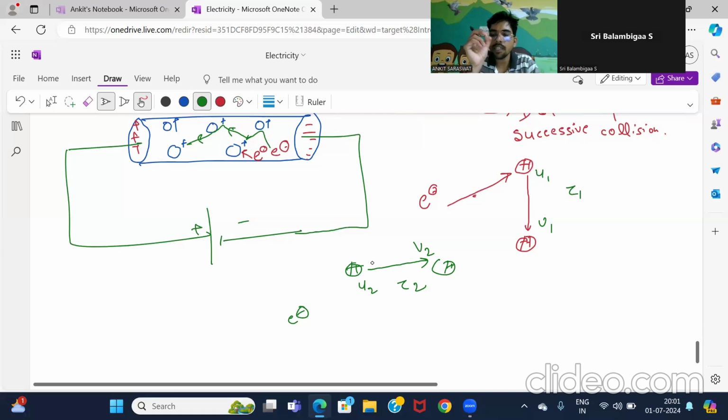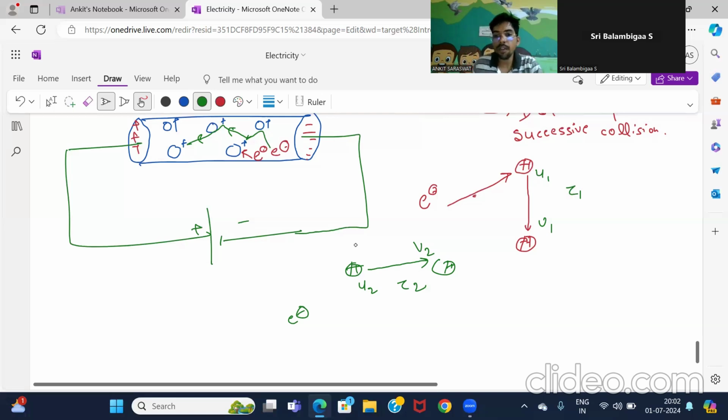Because of the field, it will again accelerate, then again lose all its energy. Again it is moving with the thermal velocity, it will again accelerate. So the electron accelerates, then again its velocity is zero, again it accelerates. You can say in every successive collision, the velocity will be constant. It is not like there is acceleration and velocity will be uniform, or it is accelerated motion. It is continuous motion because there is a hindrance, there is resistance inside the wire. So this electron is not moving freely.